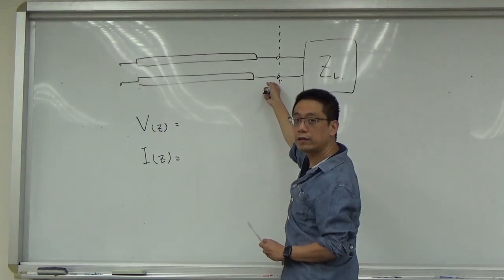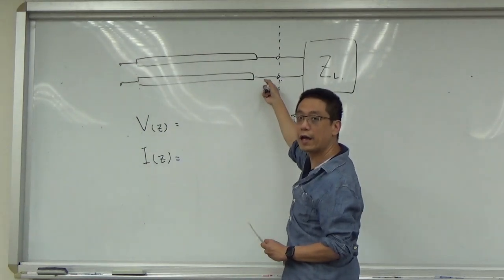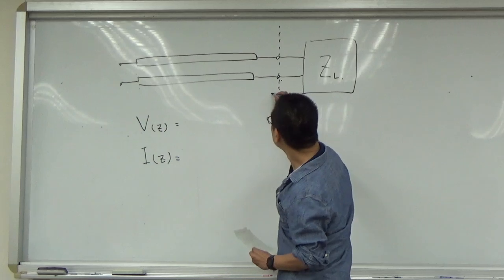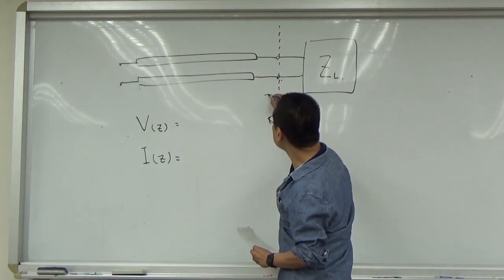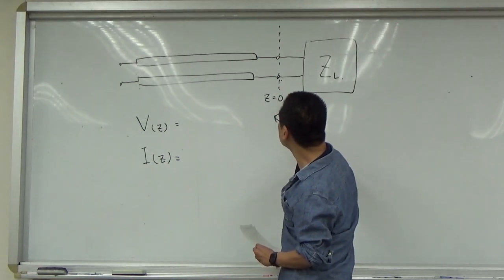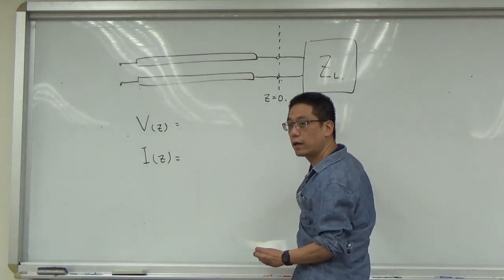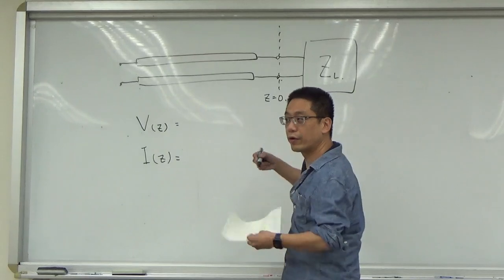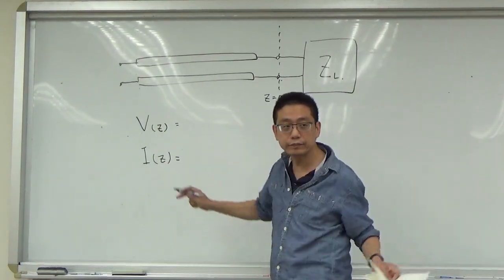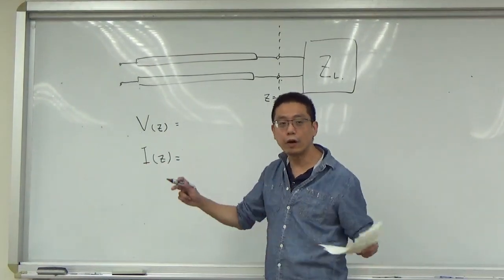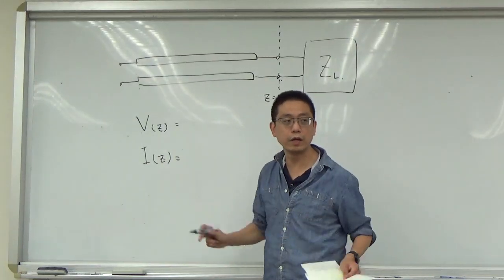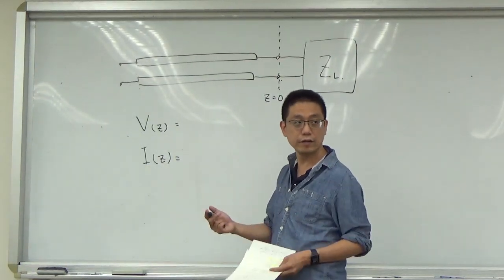At the end of this transmission line, I defined the coordinate z equals to 0. Okay? I'm doing the summary. I try to organize all the most important equations we have learned in chapter 2.